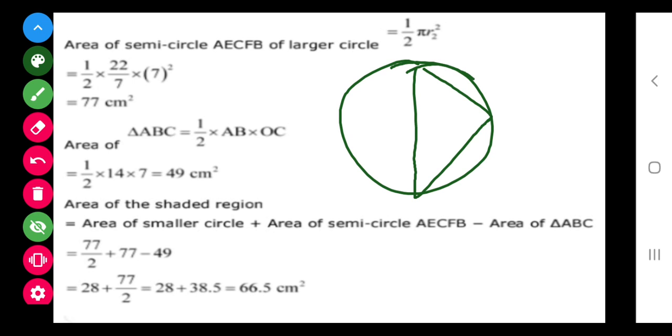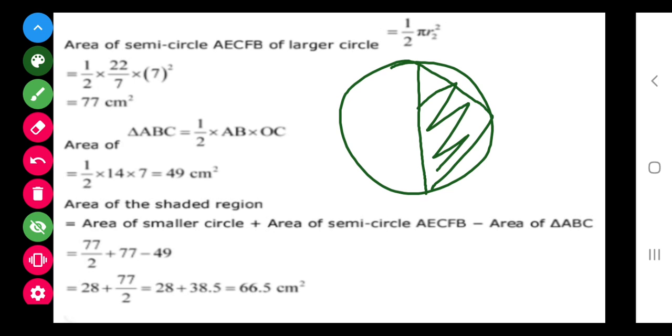If we subtract, the area of the semicircle will be this complete, and if we remove this area, then it will determine this part. So first of all they have determined the area of the semicircle, in which the radius used is 7.